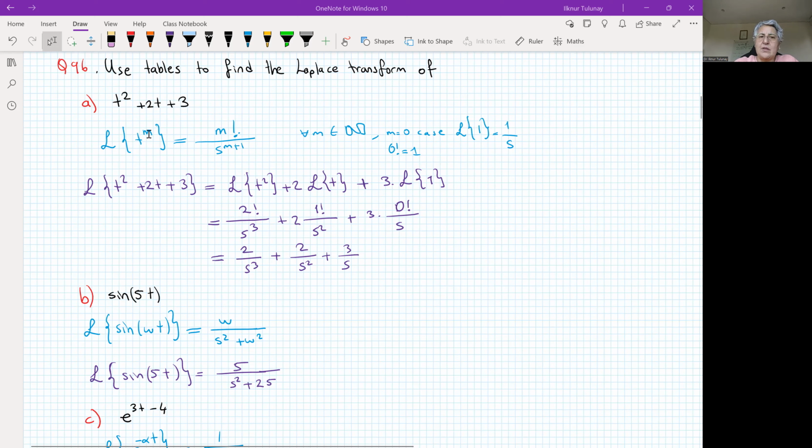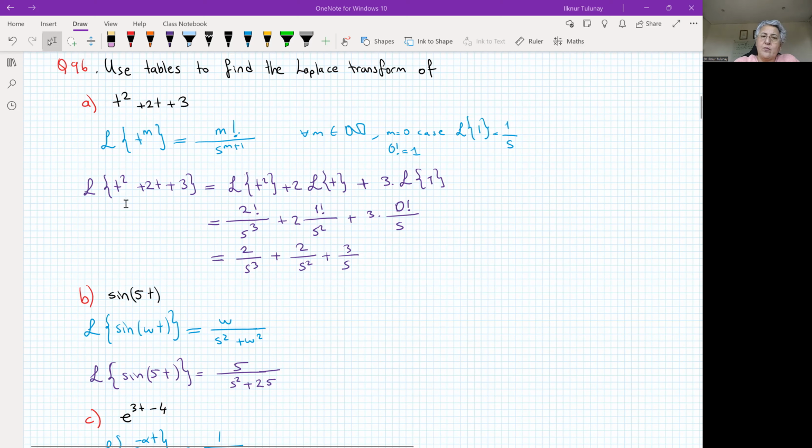If m is equal to 0, then t to the 0 is just 1. So the Laplace transform of 1 is 1 over s, because 0 factorial is 1. This is the polynomial, and we apply the Laplace transform to it.